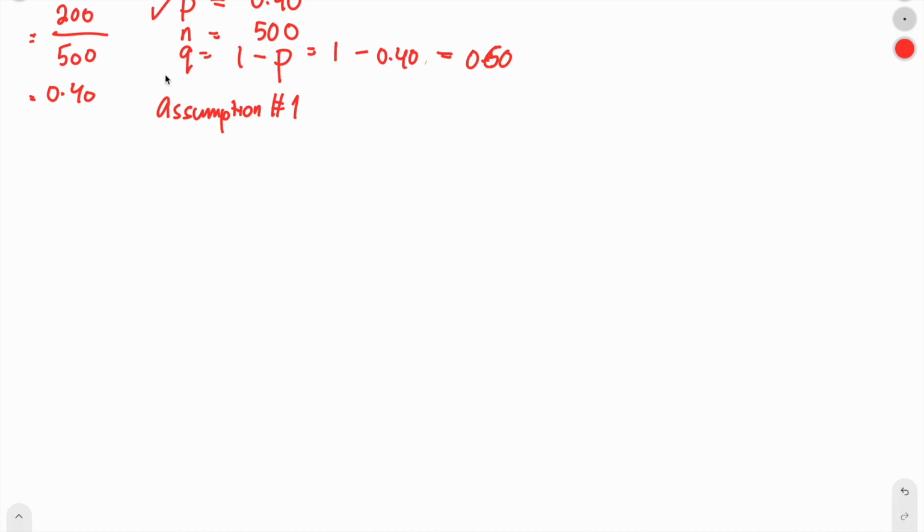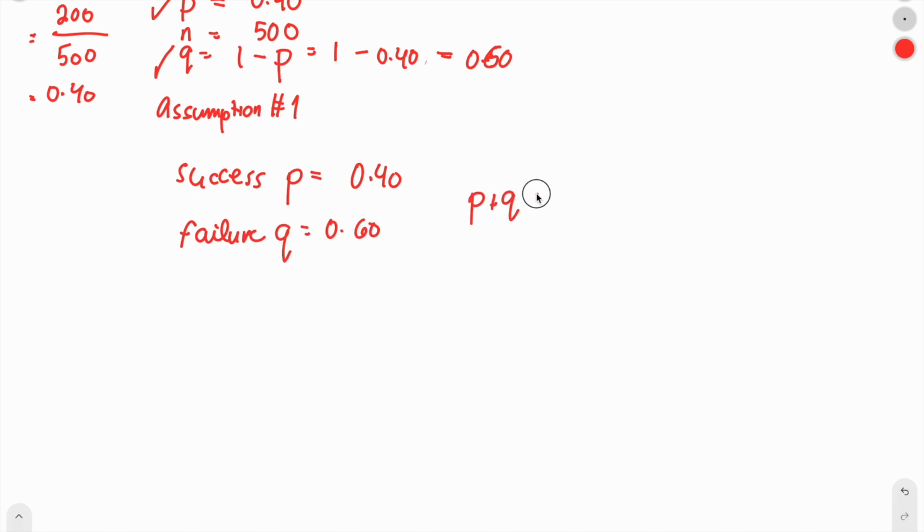So this is the success and this is the failure. So for assumption 1, success p is what? 0.40, and failure q is 0.60. p plus q is equal to 1.